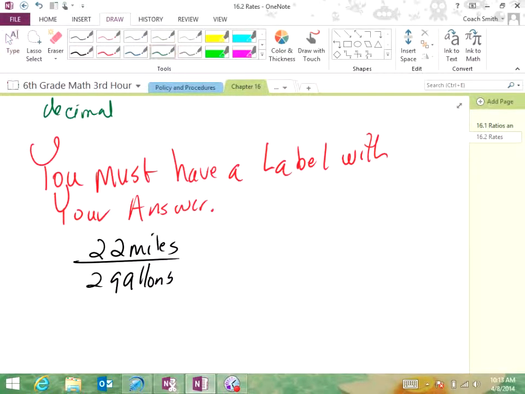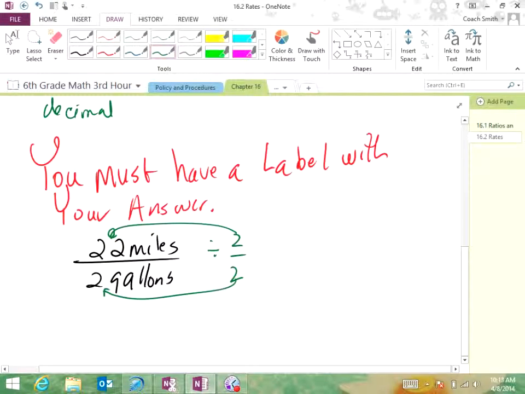By 2. So we're dividing the 22 and the 2 by 2, and that gives us 11 over 1. Well, 11 over 1 is simplest form. 11 over 1 is 11 miles per gallon.